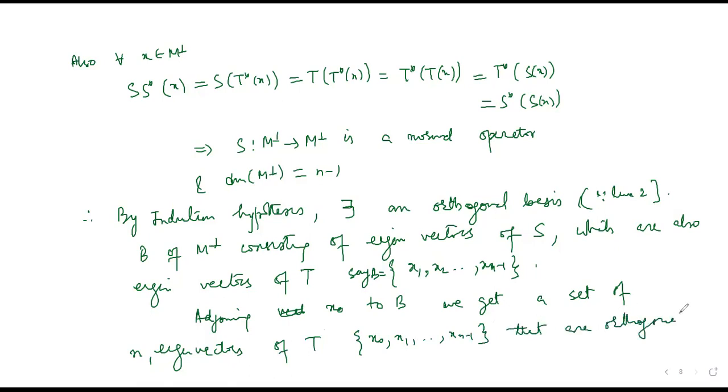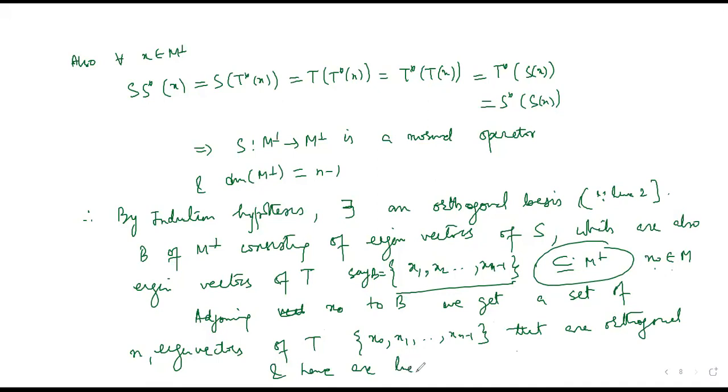Why orthogonal? Look, these are mutually orthogonal among themselves, and they are contained in M perp, and x0 is in M, so x0 will be orthogonal to all of these. So these are all mutually orthogonal vectors, n vectors, and hence are linearly independent, because orthogonal vectors are linearly independent.